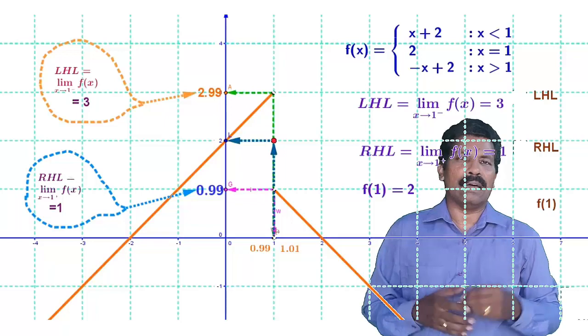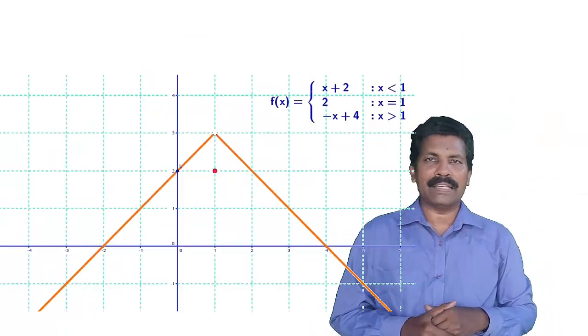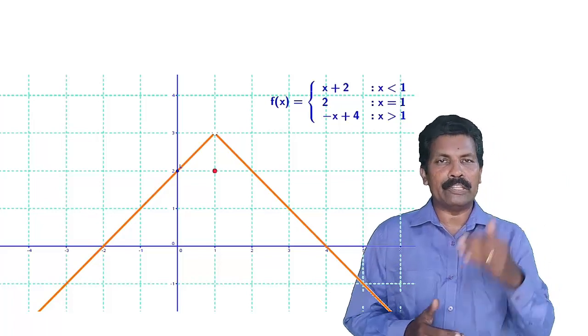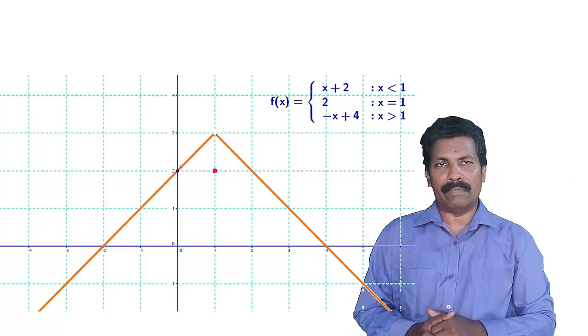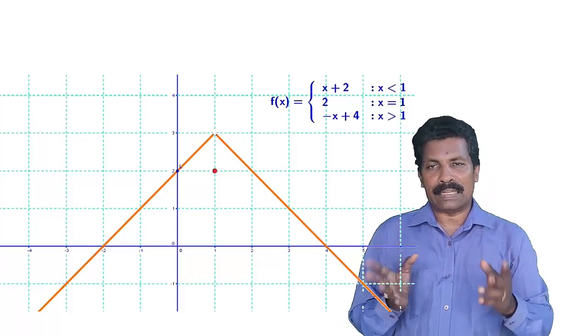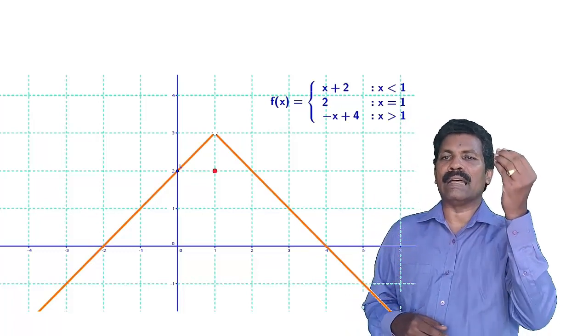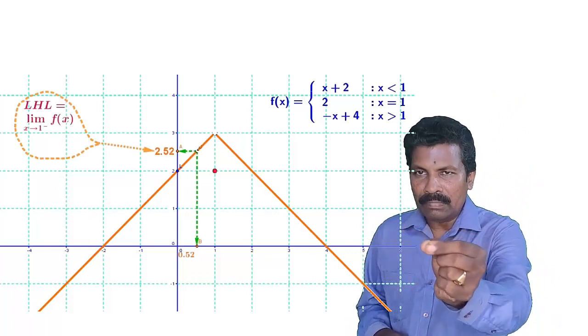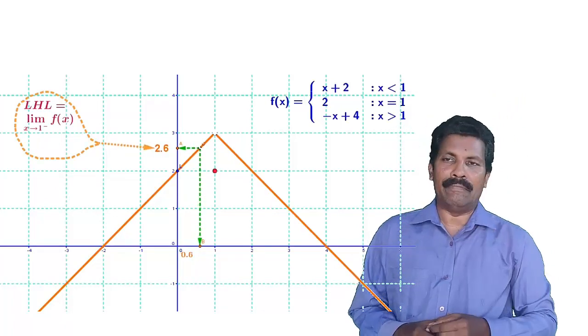Now let us consider another example. Say f of x is equal to x plus 2 when x is less than 1, 2 when x is equal to 1, negative x plus 4 when x is greater than 1. Again we are going to take the LHL and RHL at x equal to 1. So let us consider the left hand limit. Again x is approaching 1, taking values slightly less than 1.